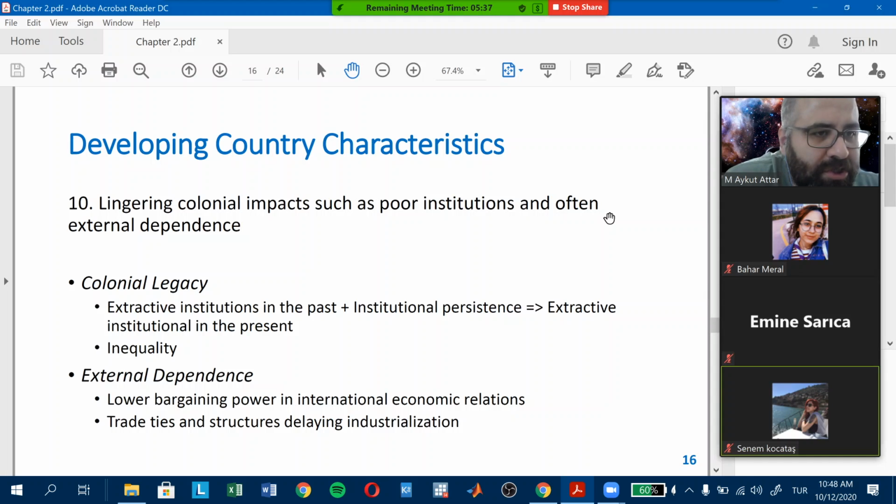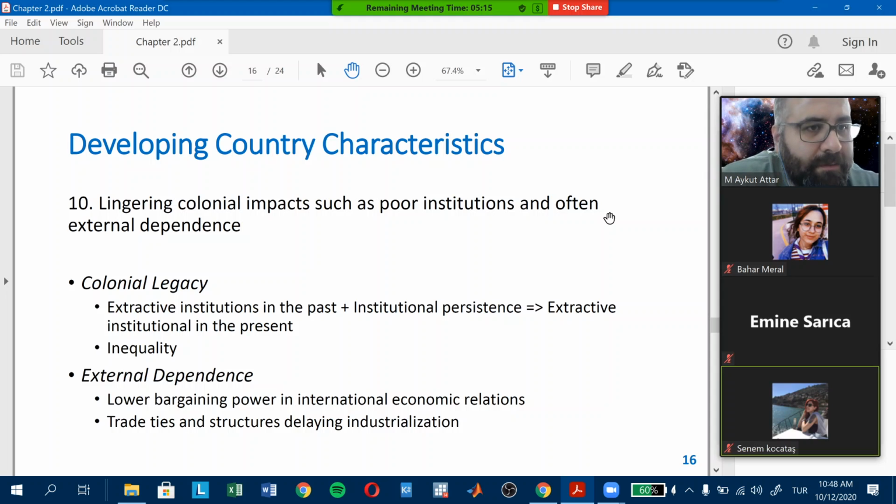Those institutions helped the colonial powers to more easily extract the resources from that particular country. But then, since institutions persist, such extractive institutions are still affecting the countries today. Okay, that's one interesting channel to look at.